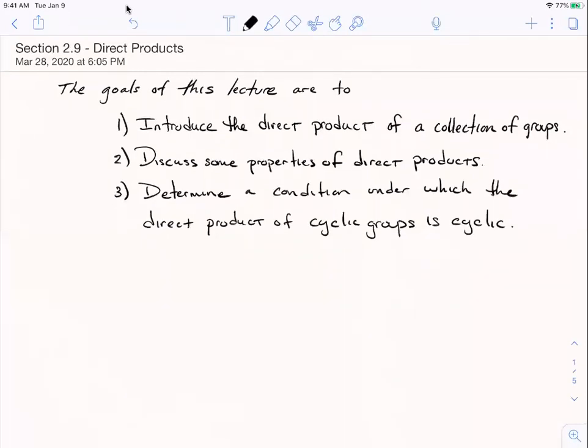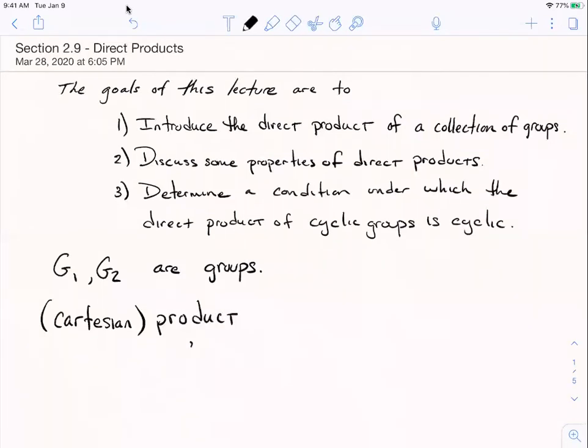What is the direct product of, let's say, two groups? Let's say we have two groups, G1, G2, are groups. Well, in Math 240, you learned what I mean by the direct product, or sometimes people call it the Cartesian product, as a set.